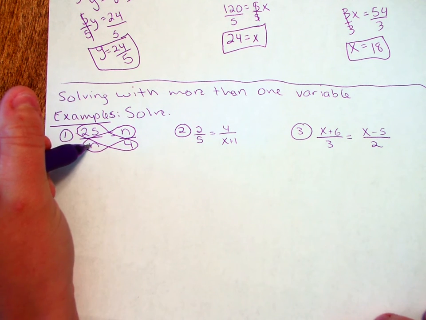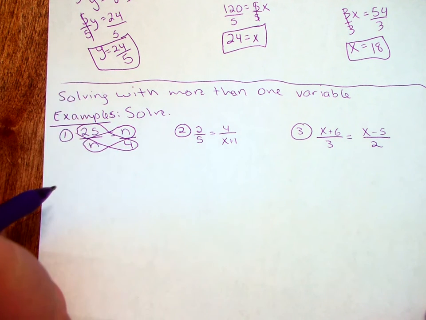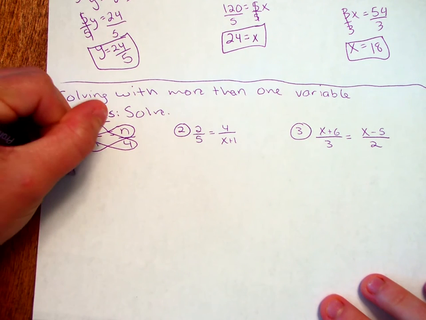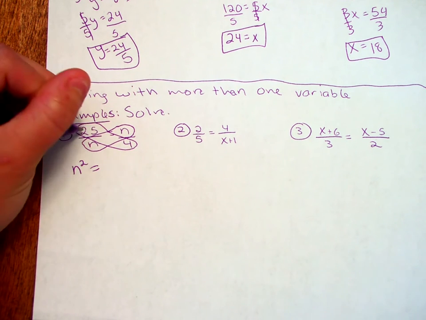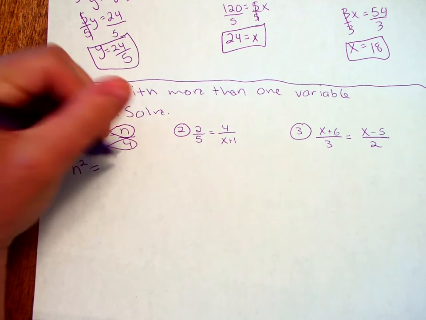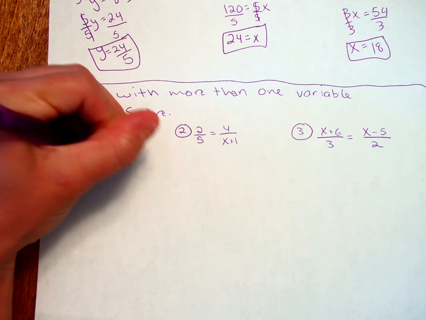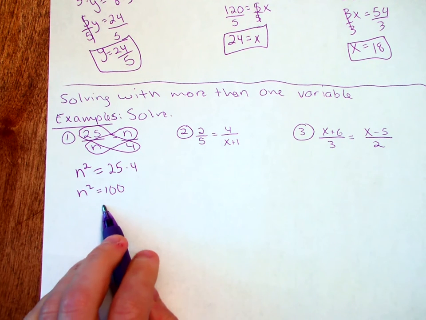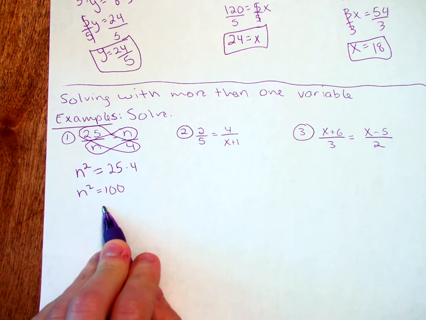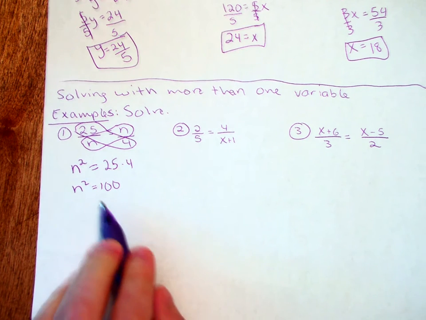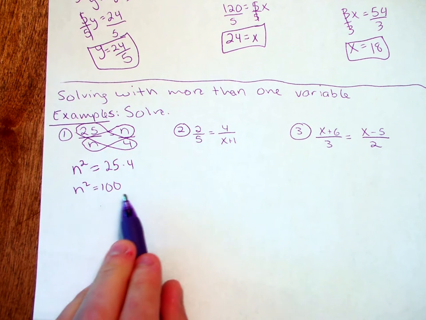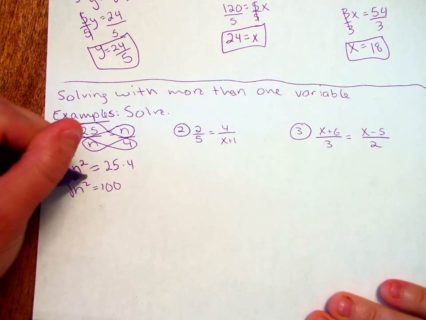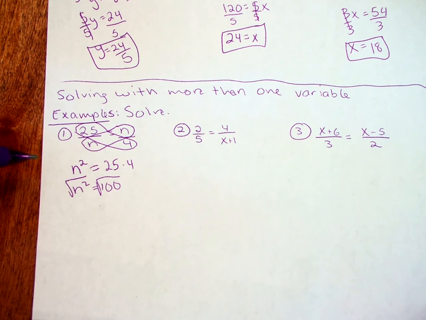So we have n times n. Some of you are going to try and write 2n. No. N times n is n squared. And 25 times 4, n squared equals 100. Now you should remember this from, I think, section 9.2. I know some of you are like, what are you talking about? For this, it's solving a square root equation. Remember, when solving a square root equation, you take the square root of both sides.